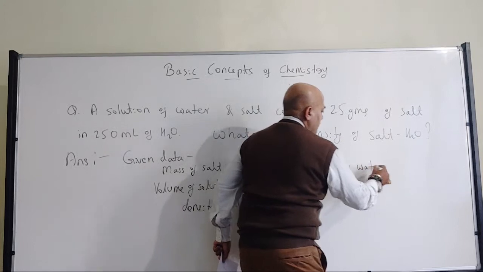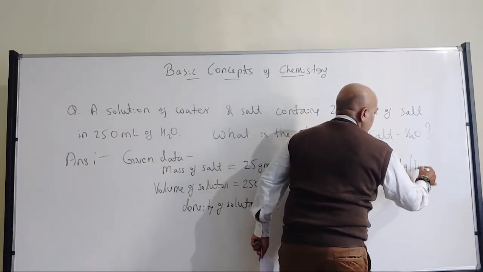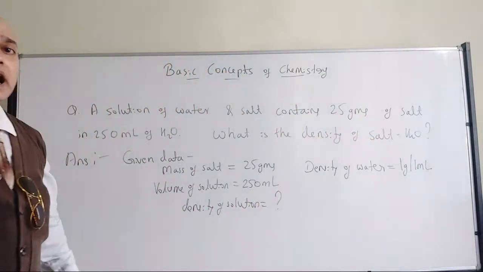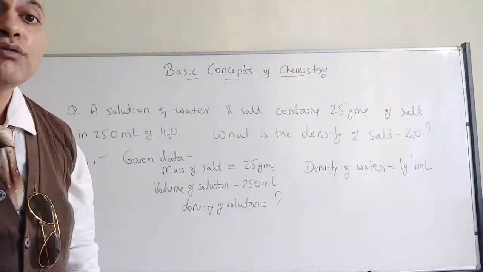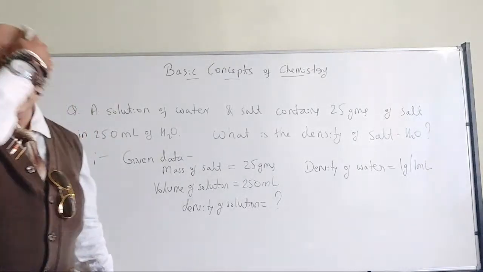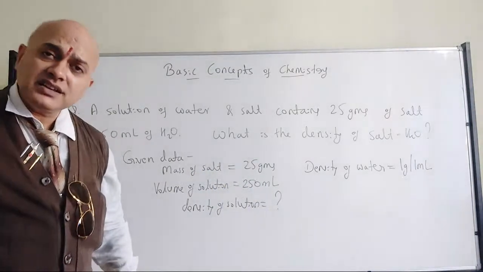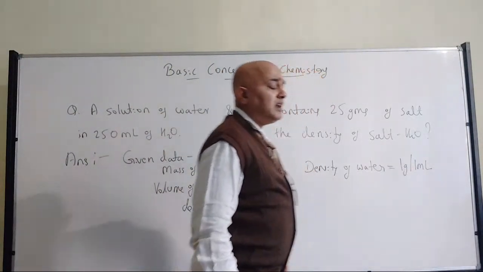Density of water is equal to 1 gram per 1 ml. That is the density of the water. So that's what we have taken, water as the standard. It's not required that they should mention that. It is understood.